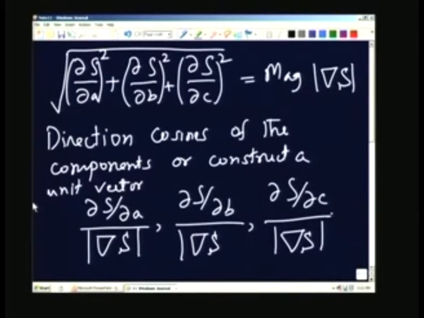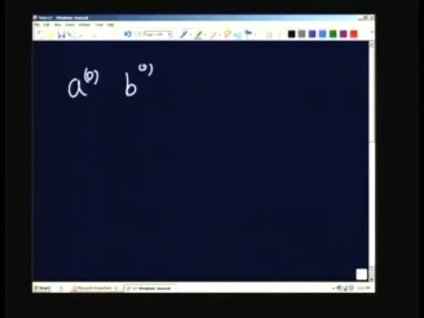Therefore, let us look at that one. So, what I will do is I start from a naught, b naught, c naught.